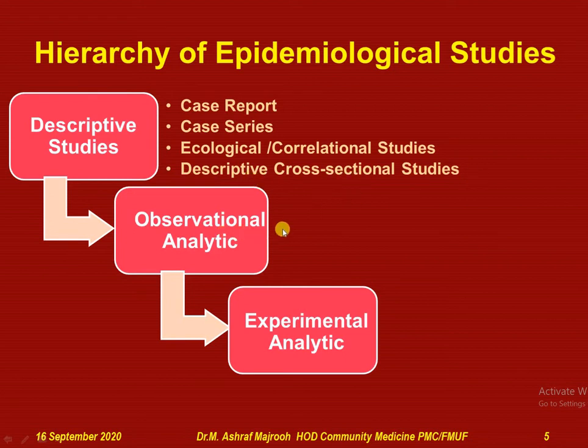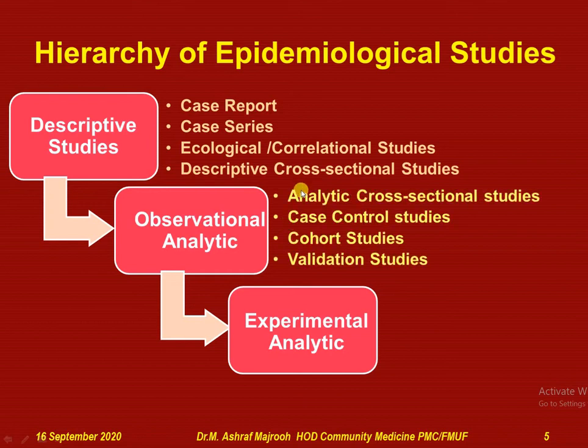In observational analytic study, again the cross-sectional study can be designed both ways, the descriptive as well as the analytic cross-sectional study. Then case control study, cohort study, and validation studies.